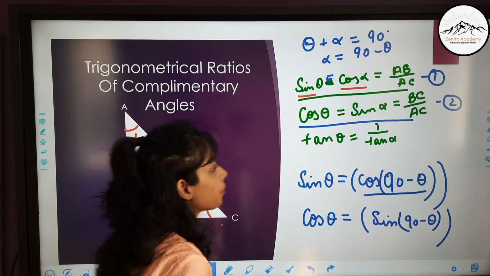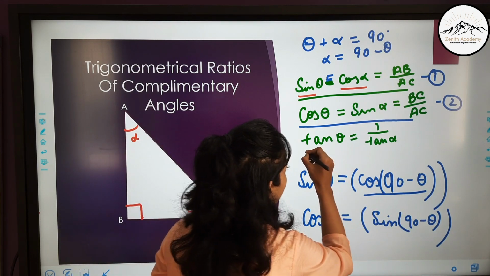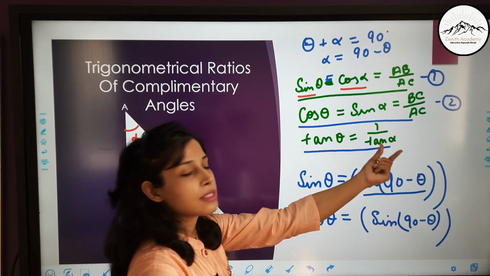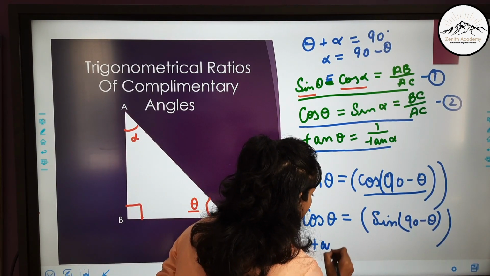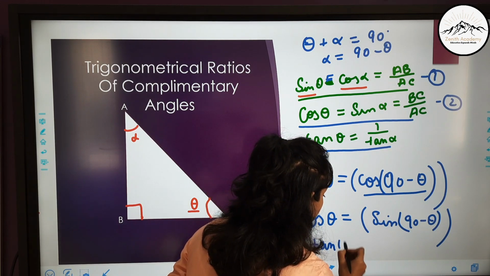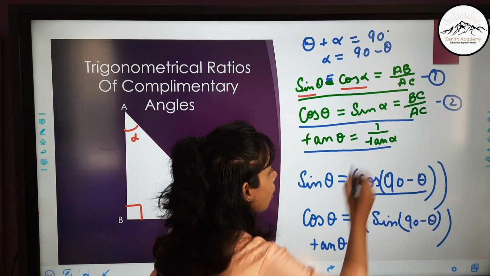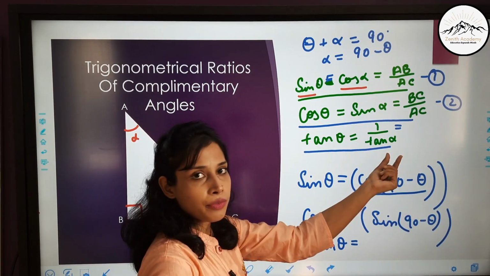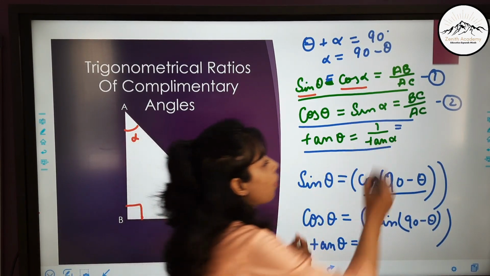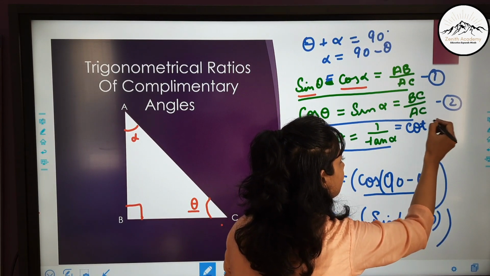Same way, now tan theta is equal to 1 upon tan alpha. Now 1 upon tan alpha is also equal to cot alpha.